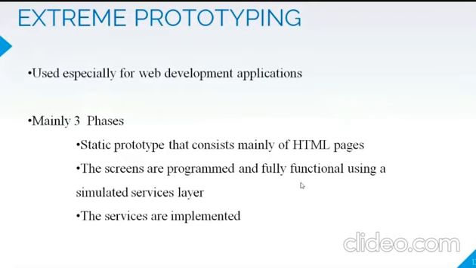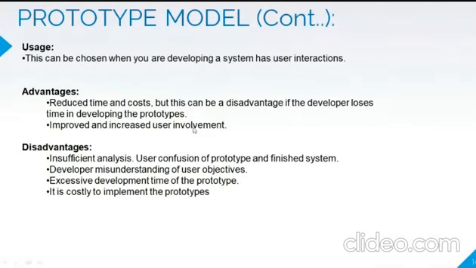This is all about extreme prototyping. Generally a prototyping model can be implemented where client interaction is there. We cannot implement a prototype model to develop a software product unless we have client interaction. If the client is not able to interact with the development team, we cannot follow the prototype model.